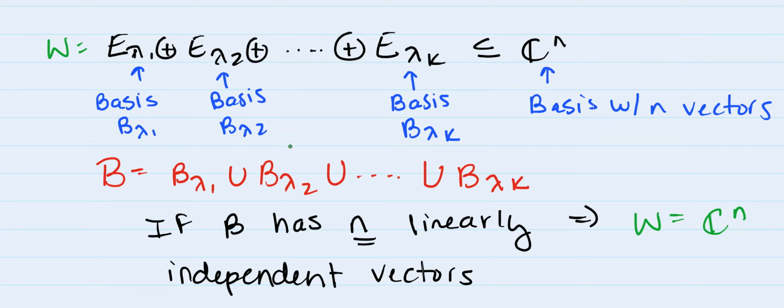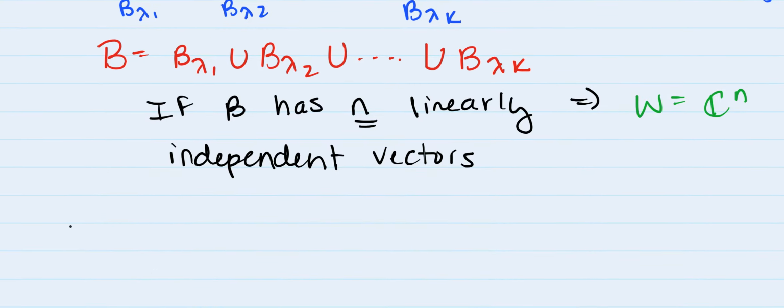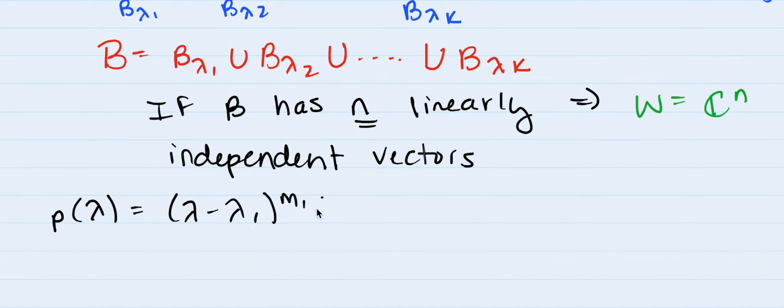Okay. Now notice that I don't necessarily have n eigenvalues. I put k eigenvalues here. So when would I have n linearly independent vectors? Well, remember that our characteristic polynomial looks like this.